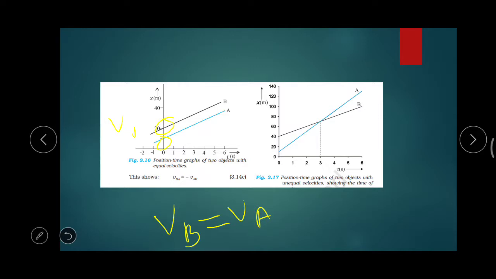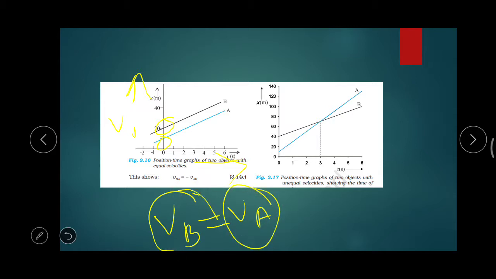So XA and XB values are different, but you can see that both are parallel lines. That means the slope will be equal. The slope of the position-time graph gives you the velocity. So VB will be equal to VA.